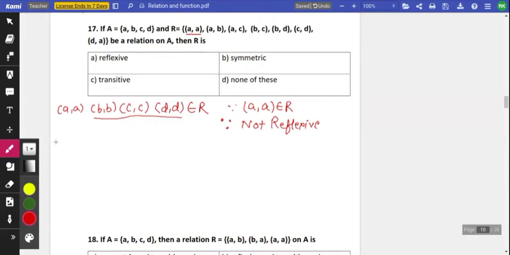Now we check whether the given relation is symmetric or not. If A comma B belongs to relation R, then B comma A should also belong to relation R, but B comma A does not belong to relation R. Therefore, the given relation is not symmetric.